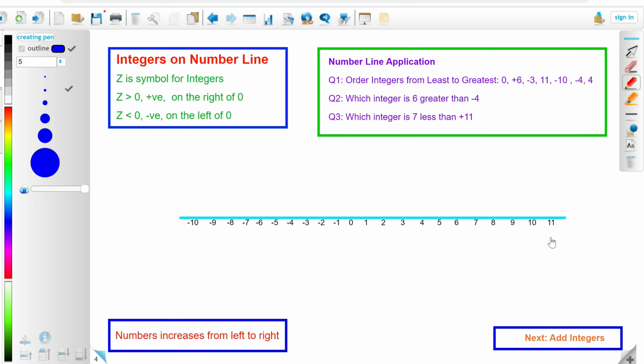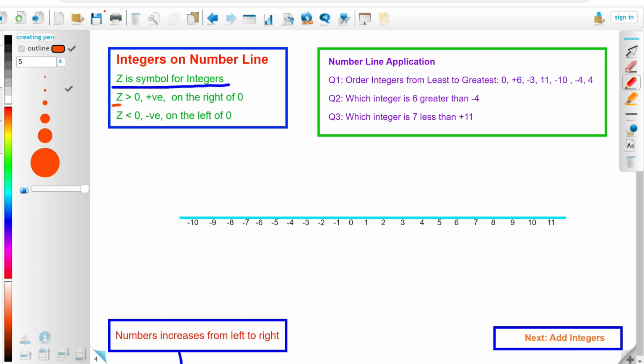So as I said, we are going to see how the integers can be represented on a number line, right? Z is a symbol for integers. It is very important for us to remember this, right? So we know that Z is a symbol for integers. And if Z is greater than 0, it really means what?